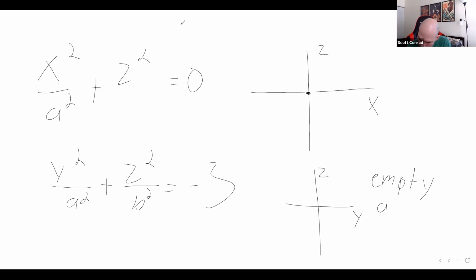So this trace can happen, and you just get an empty graph in that case. Sorry, forgot the b squared, just whatever's down there. So when you get something squared plus something squared equals a negative number, that's an empty graph. That corresponds to the plane not intersecting the surface. The intersection is empty.